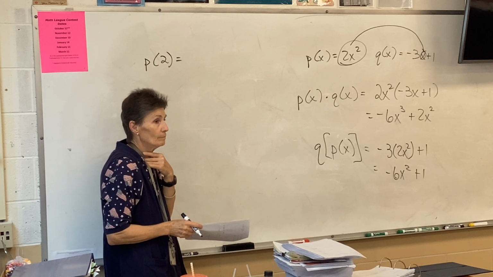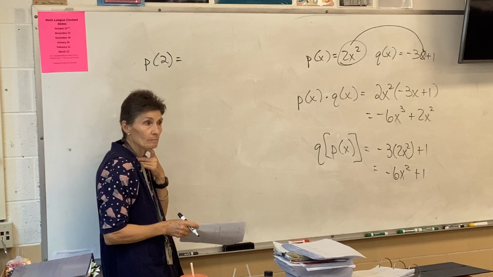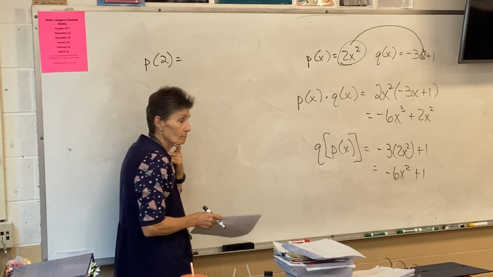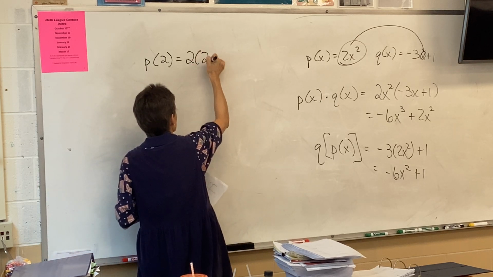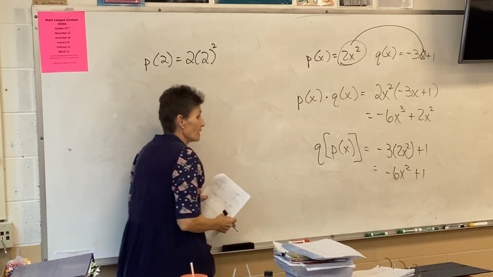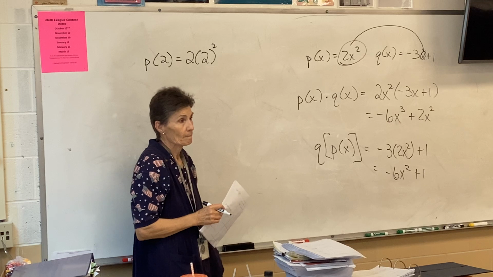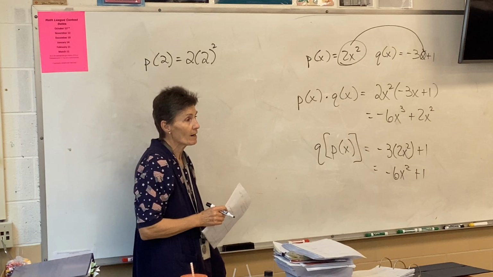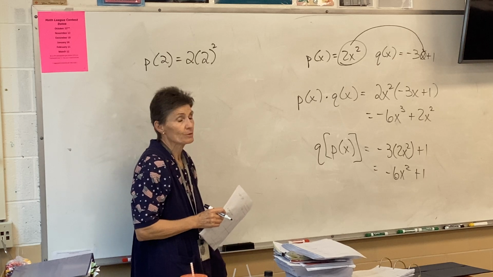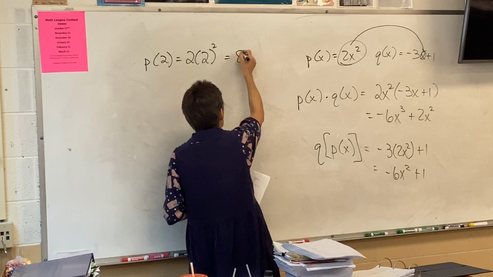It's 8. Oh, 8. P of 2 literally means 2 times 2 squared. When you evaluate a function, you take out the x and put the number in. What does that equal? 8. You square first. So 2 squared is 4 times 2 is 8.